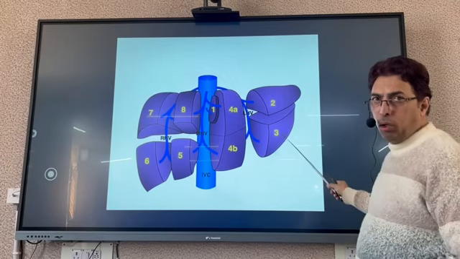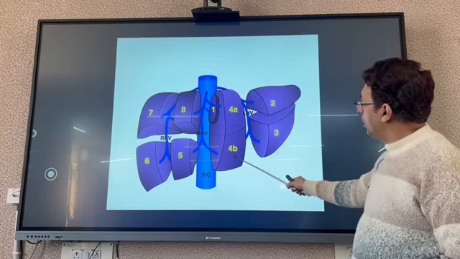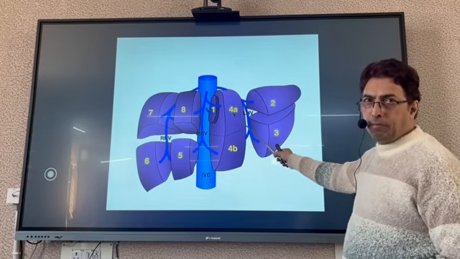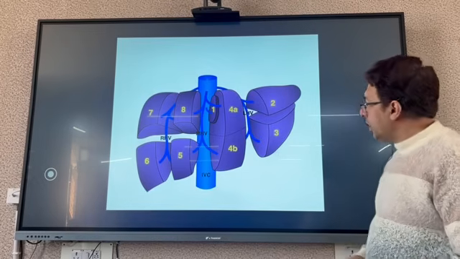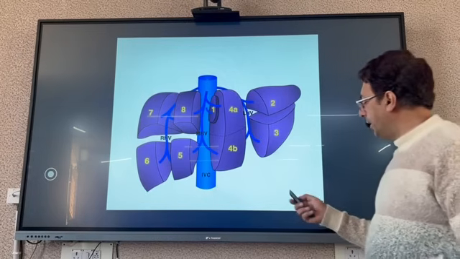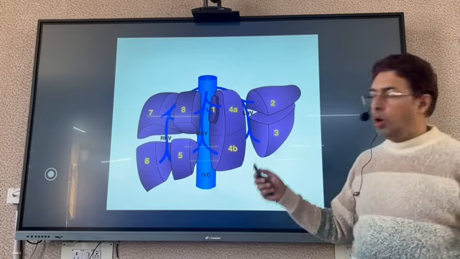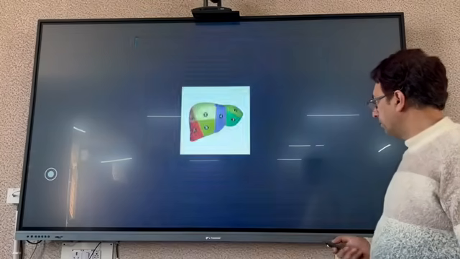Okay, this would be the lower. This would be the lower left medial, and this would be the medial. So in a similar manner, this is on the anterior surface. You see these segments. So this is what is visible to you on the anterior surface.